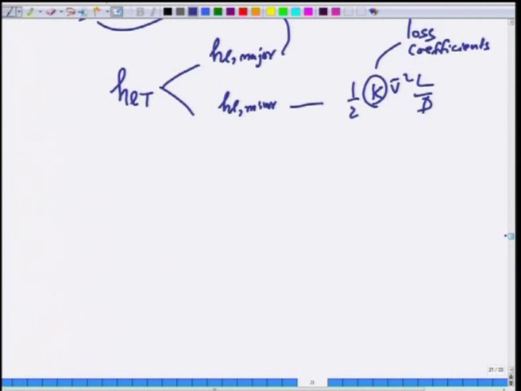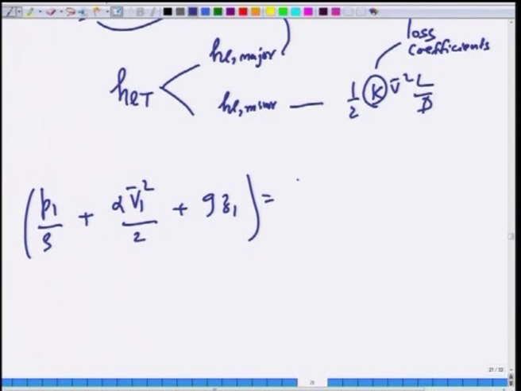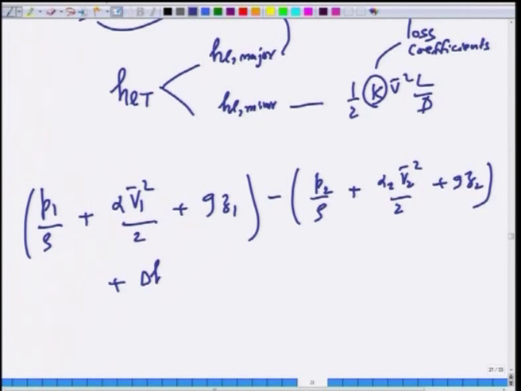Okay. Now, having done that, we wrote the integral energy balance: P1 by rho plus alpha V1 squared by 2 plus g Z1 is equal to P2 by rho plus alpha V2 squared by 2 plus g Z2 plus delta H pump is HLT, between 2 points in a control volume. Okay. So, this has both major and minor parts.